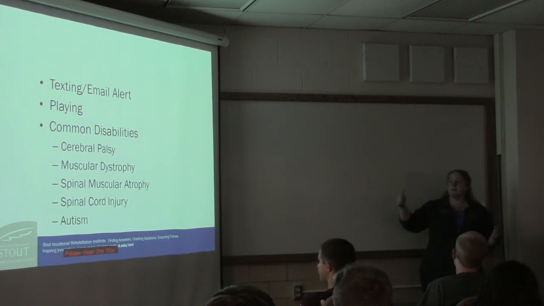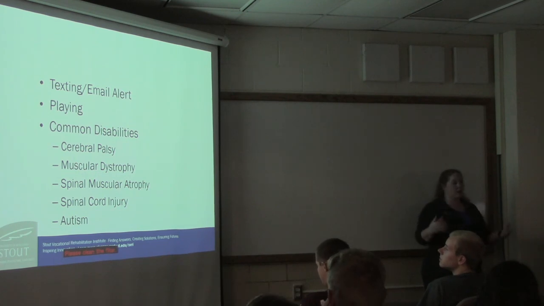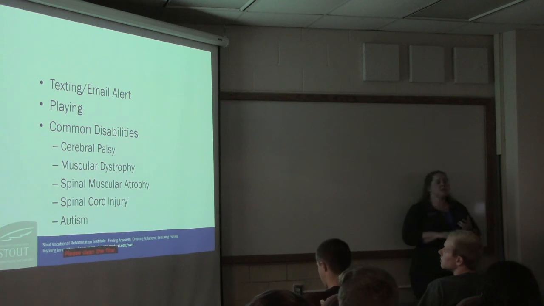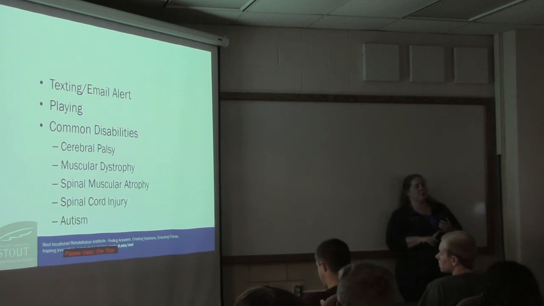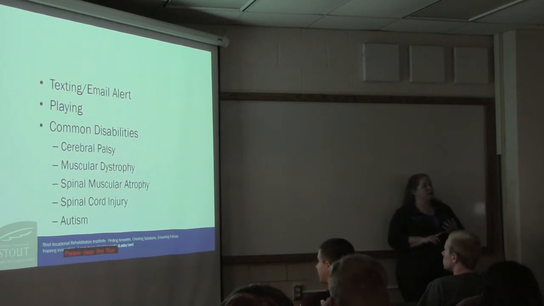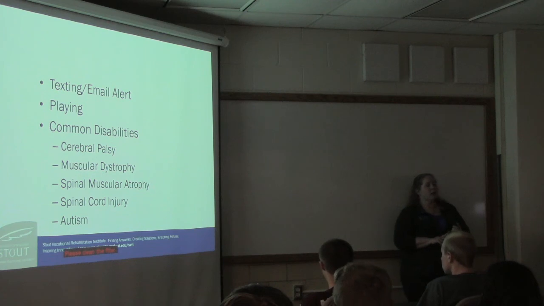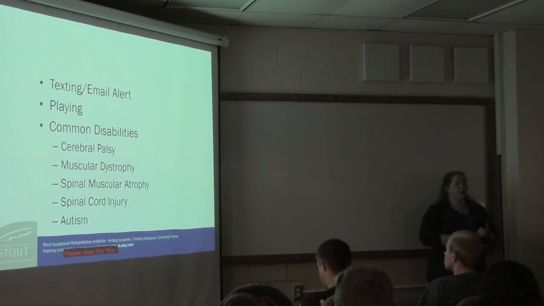And then the common disabilities that we work with in the child populations, if you are gearing towards kids, is cerebral palsy. And that's basically a traumatic brain injury that happens before you turn 2 years old. Usually it's in the womb, but sometimes it is falling when you're a young kid, or a surgery going wrong.